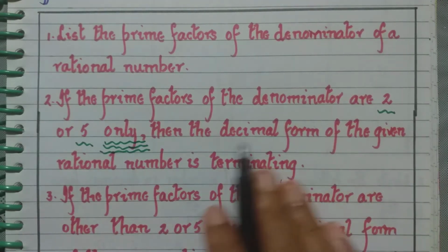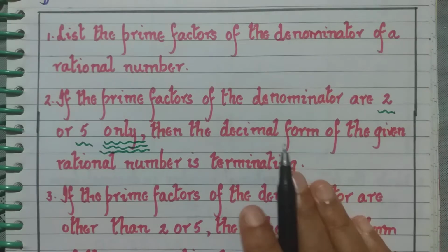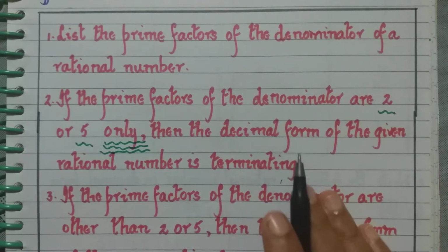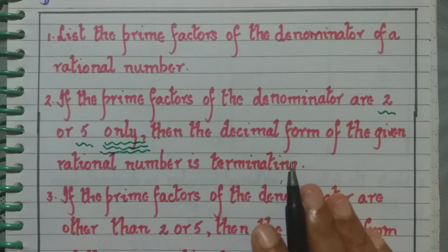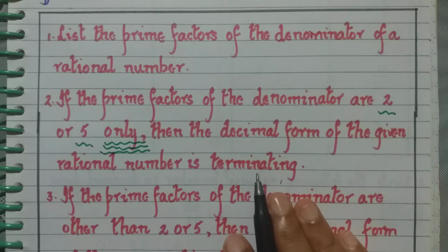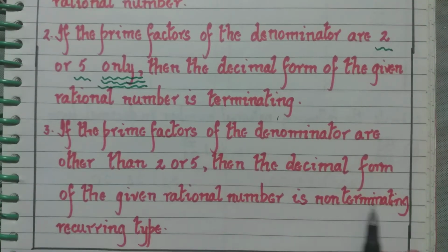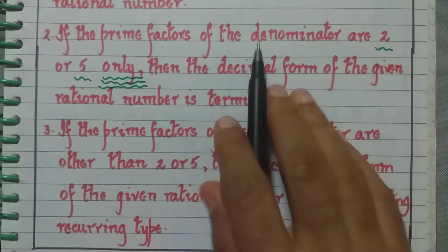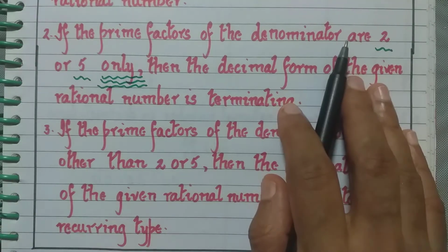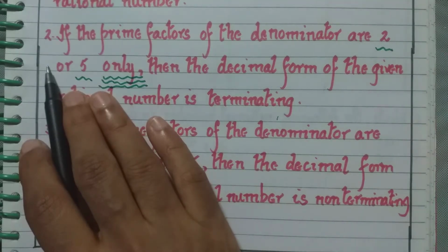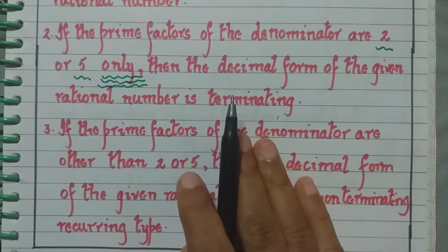So this you have to understand very clearly: which decimal forms of a number we classify as terminating. Once we know for sure which are terminating, the rest will all be of the non-terminating recurring type. So the denominator should have only 2 as a prime factor, or only 5 as a prime factor, or both 2 and 5 only as prime factors.